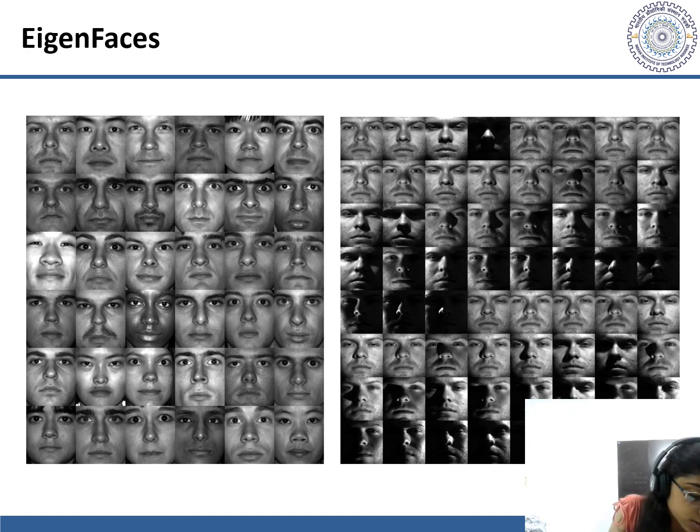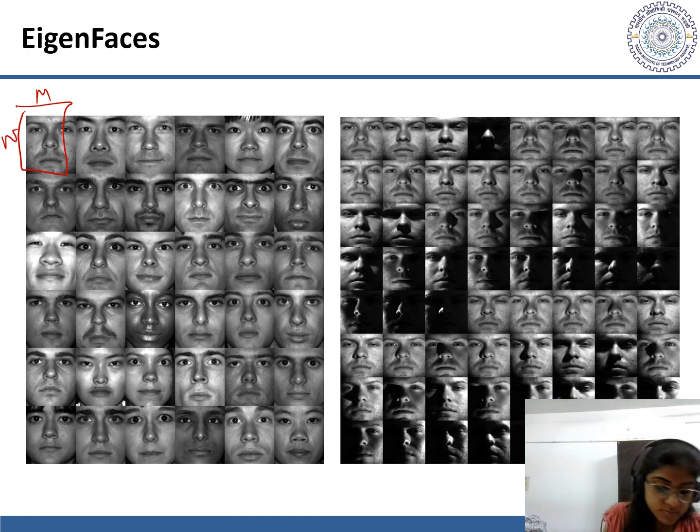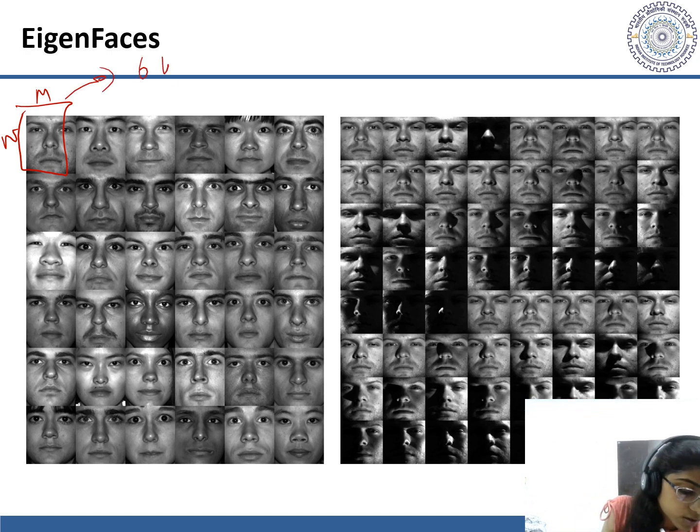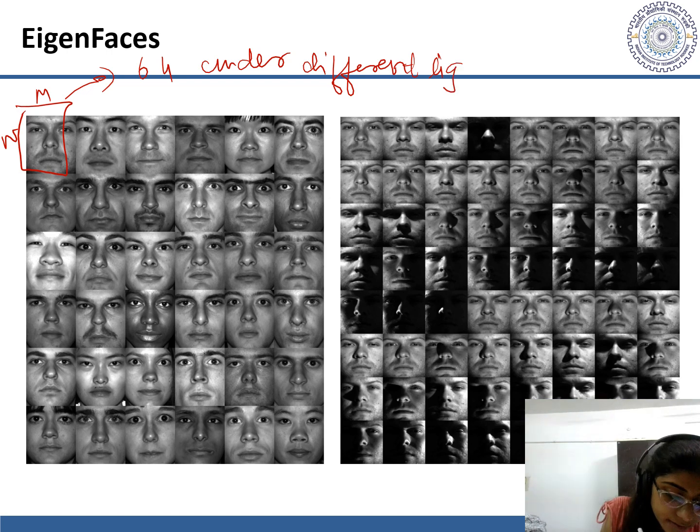Each image is of size m cross n. And every person has 64 images formed under different light conditions or facial expressions, anything.